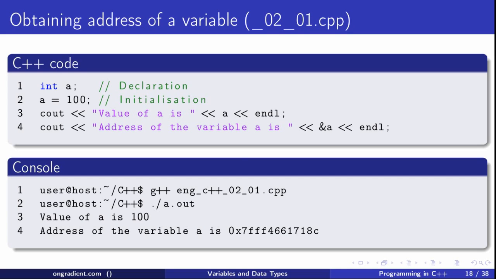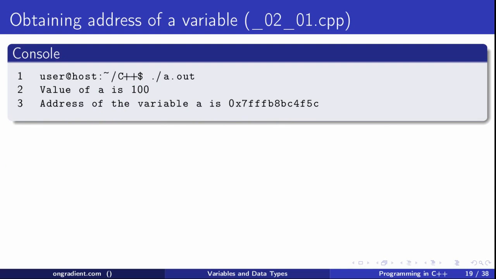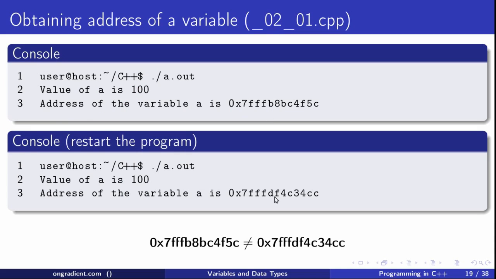Of course, the address of the variable on your computer will be different from the one given on the slide. Run the program several times. Pay attention to the address of a variable when you restart the program. The value of the variable's address in the computer memory after the first and second program start is different.